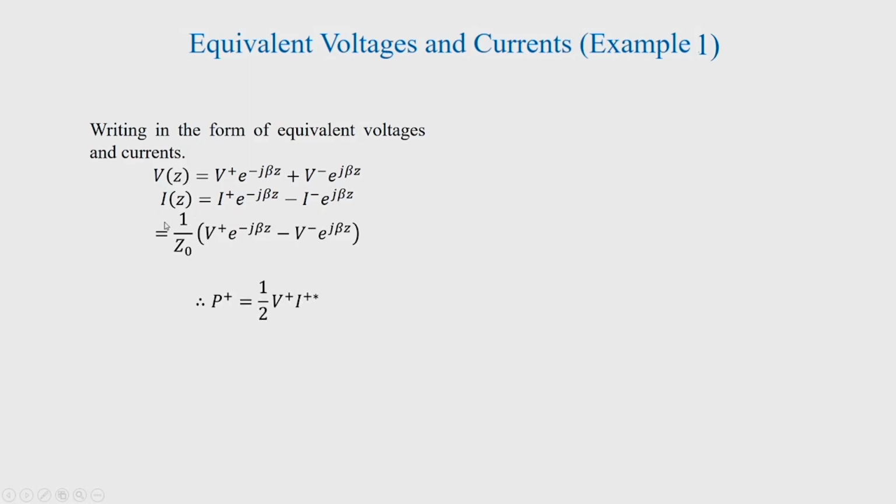So, from this expression, if we consider the incident power P plus, then it is given by half V plus I plus conjugate.